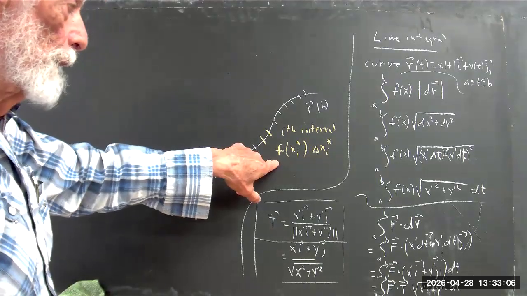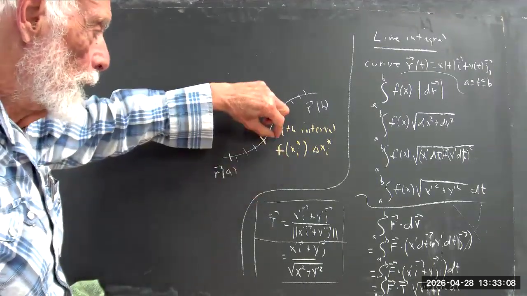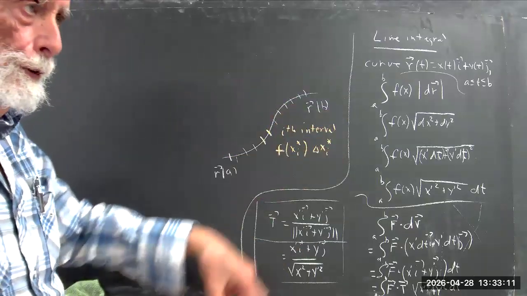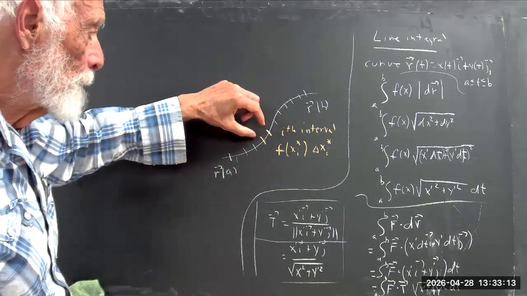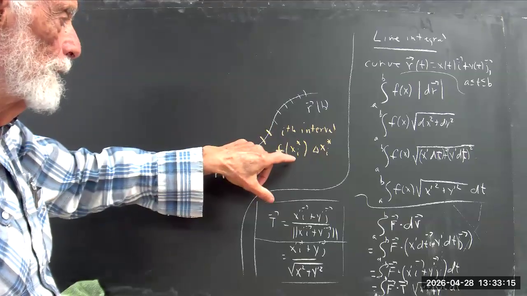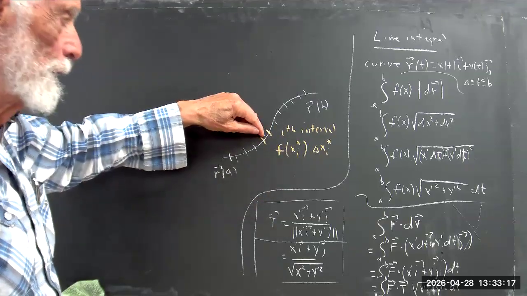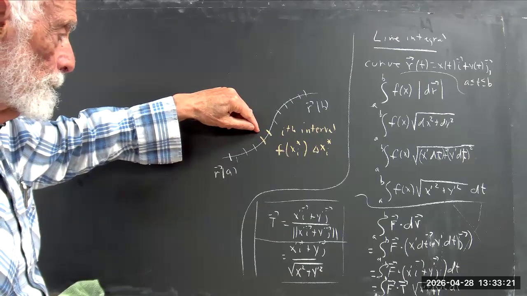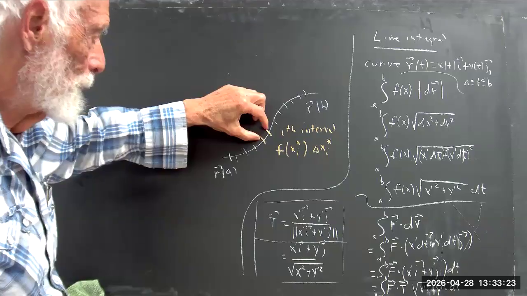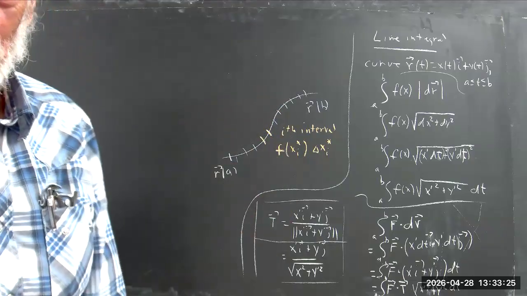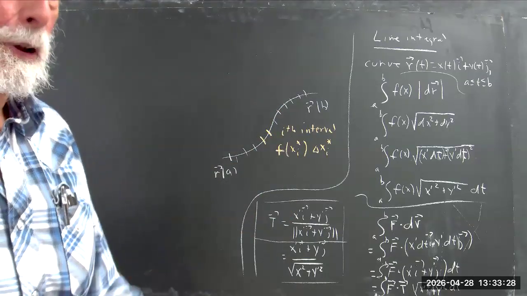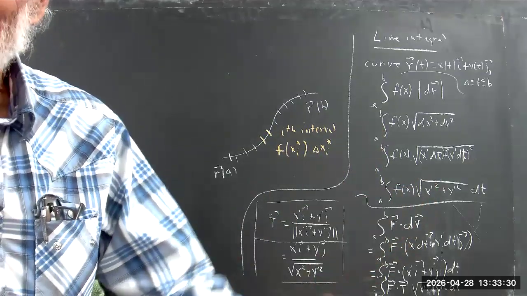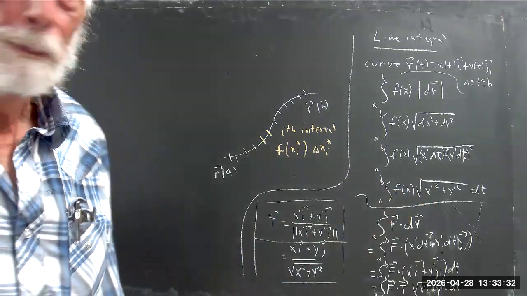It all starts with the fact that on the ith interval, the value of your scalar function, think of a density function, your density on this interval is going to just be the density at some random point in the interval, multiplied by how long the interval is. Number of kilograms per meter multiplied by your number of meters.